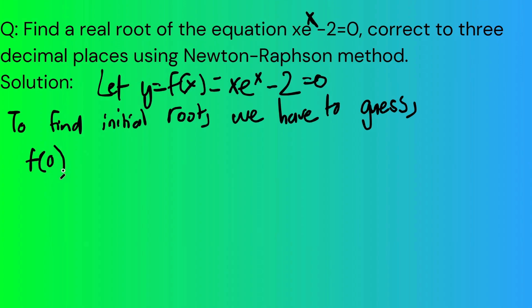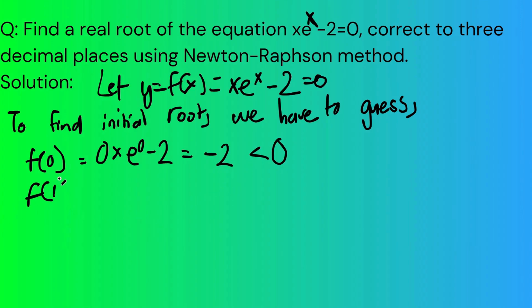So f(0) equals 0 times e^0 minus 2, which equals negative 2. It becomes negative 2, which is less than 0.